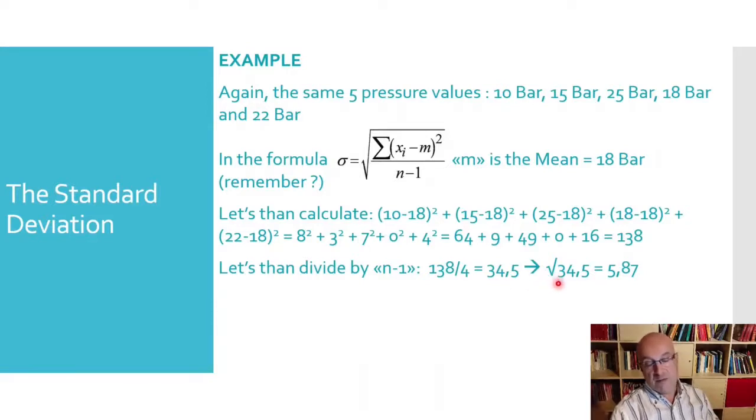The square root of 34.5 is 5.87. So 138 divided by 4 gives 34.5. The square root of 34.5 is 5.87, and 5.87 is the standard deviation of these 5 numerical values.